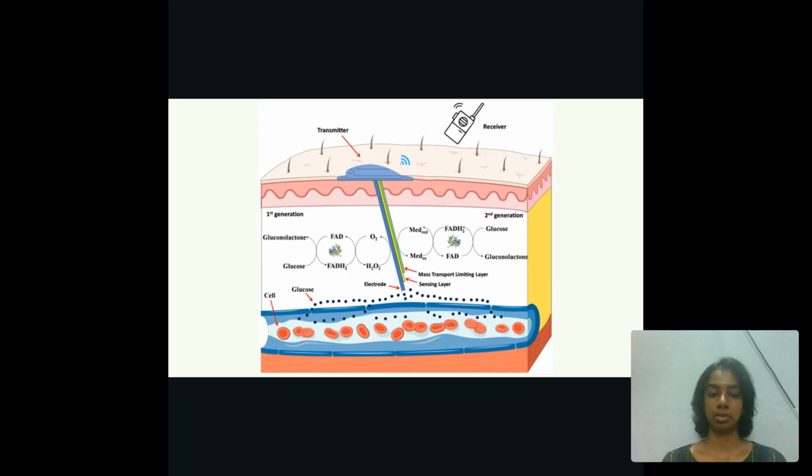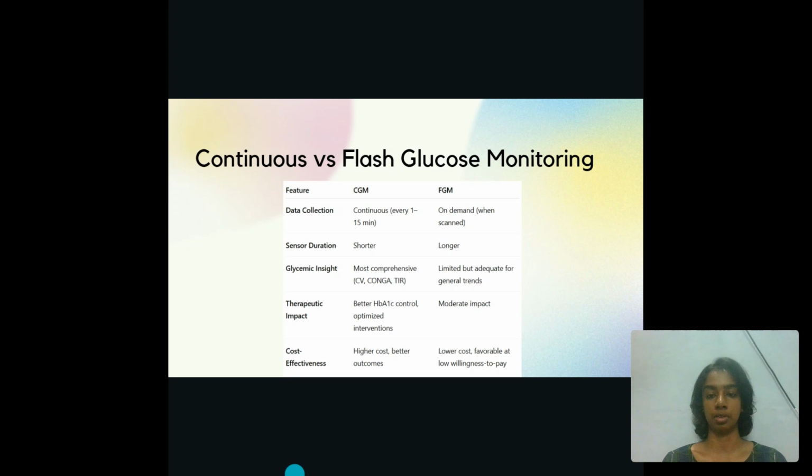So we saw continuous glucose monitoring and flash glucose monitoring, but we never really understood the exact difference between the two. This slide highlights the key differences. CGM systems provide real-time glucose readings with trend alerts, enabling proactive adjustments and greater safety, especially for patients at a higher risk of hypoglycemia. They are ideal for those needing tight glucose control or insulin pump integration.